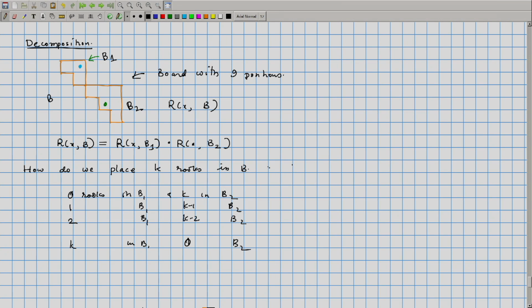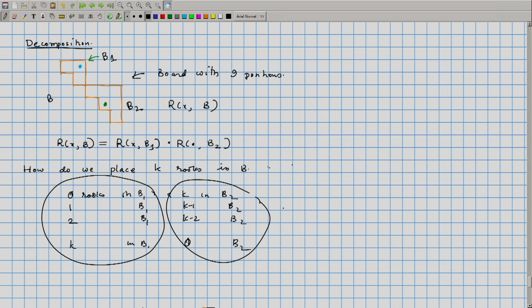And notice that we could do these parts independently, because any placement of rooks in B1 is not going to attack any positions in B2, and this is exhaustive because if you have to place rooks in B, there has to be some number of rooks in B1 and some number of rooks in B2, and their sum should be k.